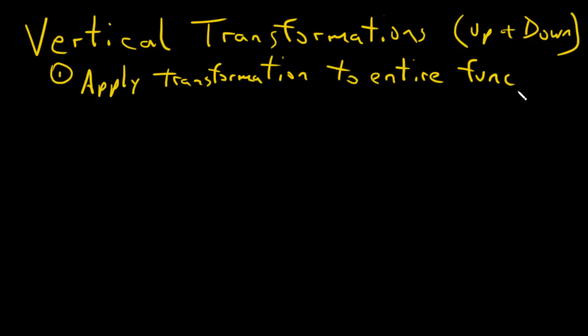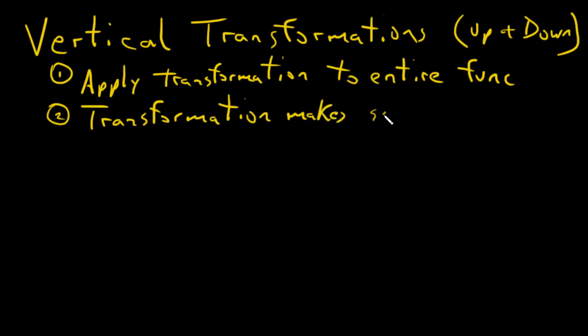And what I recommend is just putting the whole function in parentheses, and then if it's up, you add, if it's down, you subtract. Also, the transformation makes sense. It's what you would expect. Up, add, down, subtract. Okay?